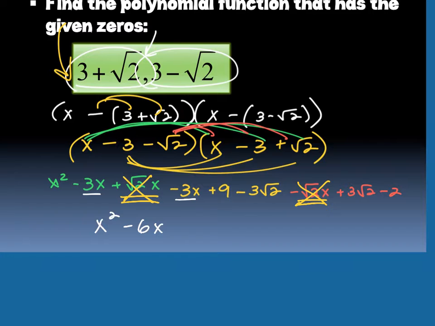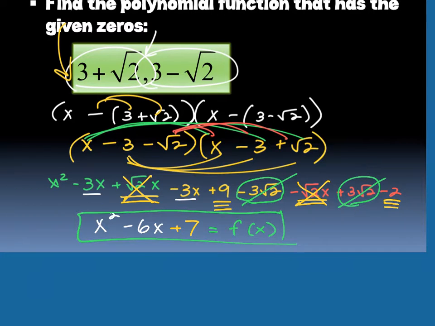I have a positive 9 and a negative 2, positive 7. And then I have a negative 3 root 2 and a positive 3 root 2. Those get canceled out as well. So I get f of x equals x squared minus 6x plus 7.